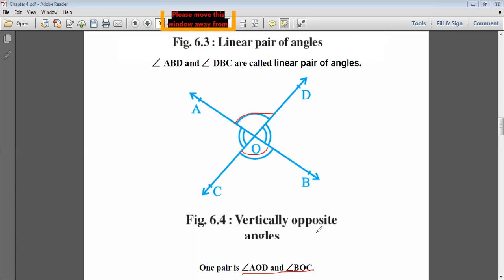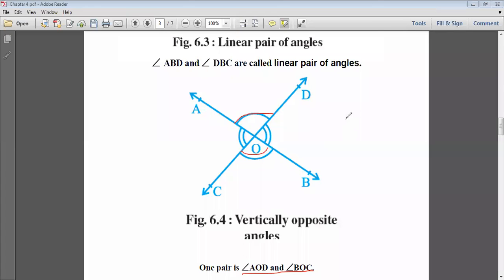Can you say the other pair? There is one more pair. Anyone? Raise your hand. Okay, Shubham.